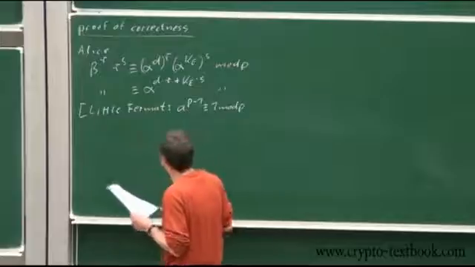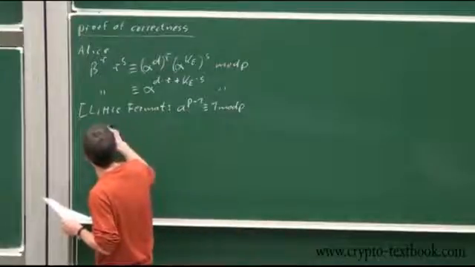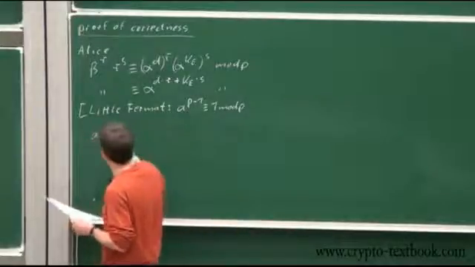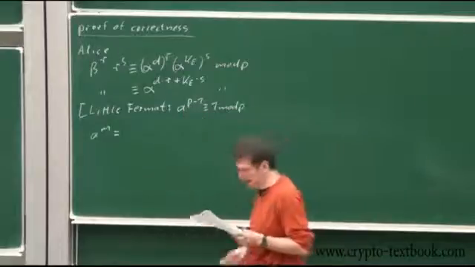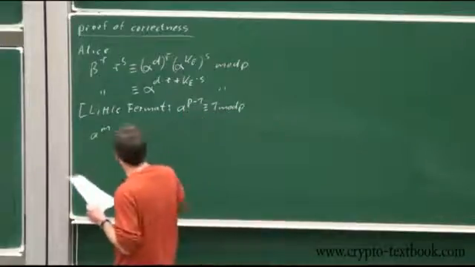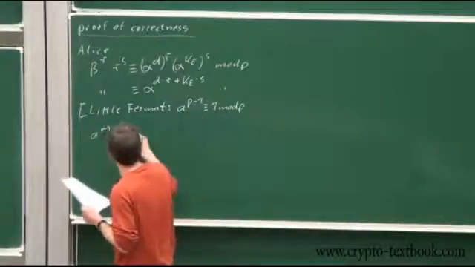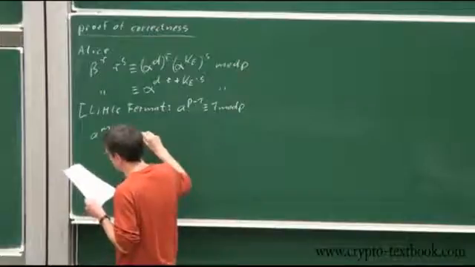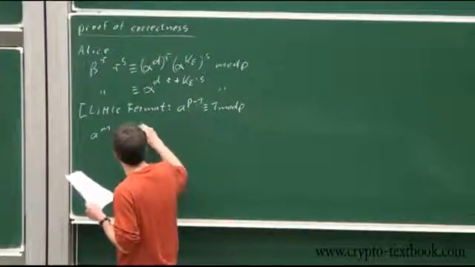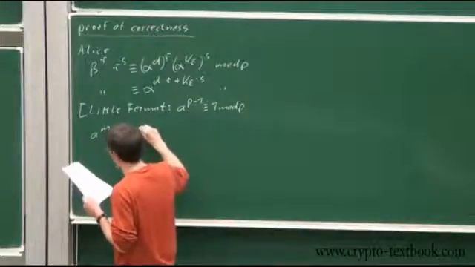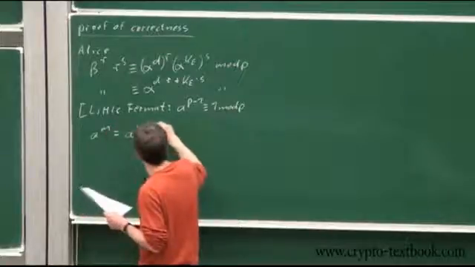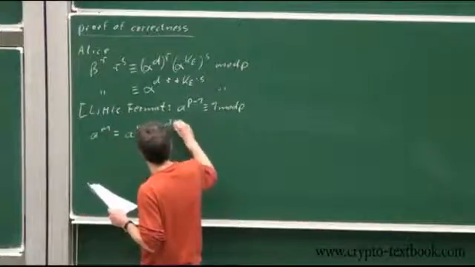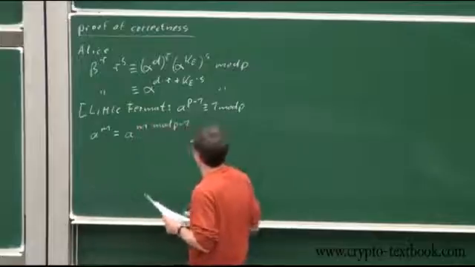But from this it follows that if you have an arbitrary exponent m, not p minus 1 but any integer m, we can write this as a to the m mod p minus 1.